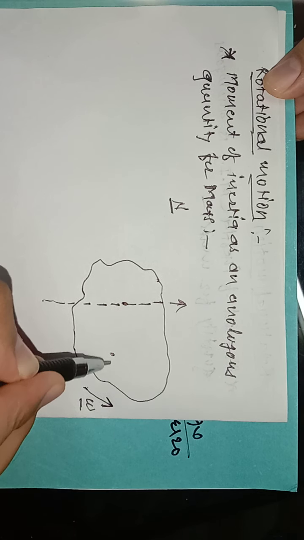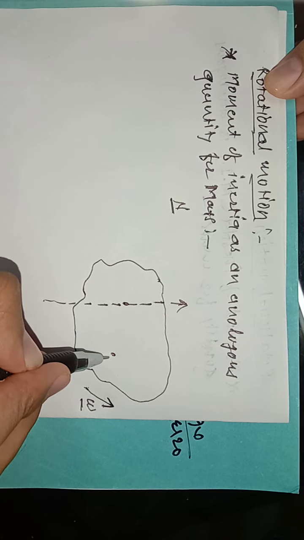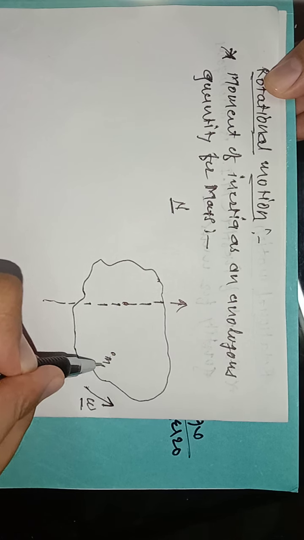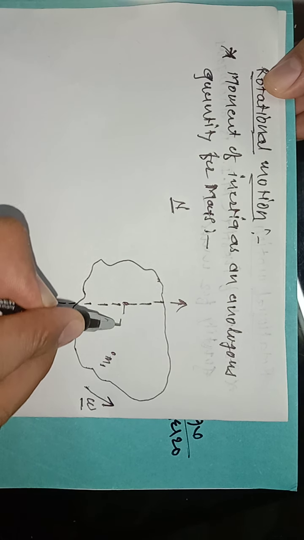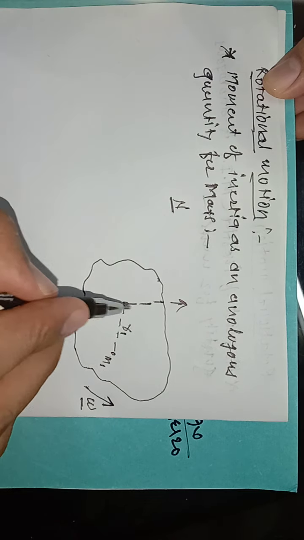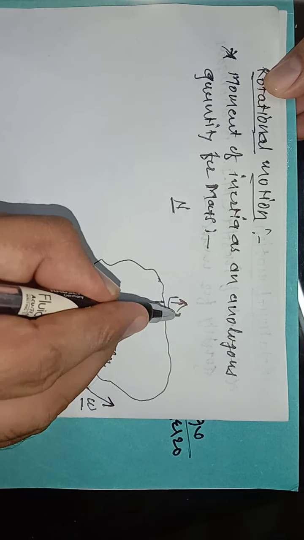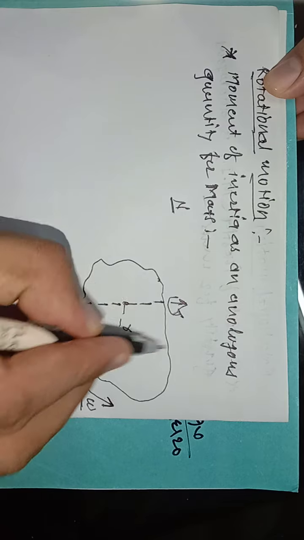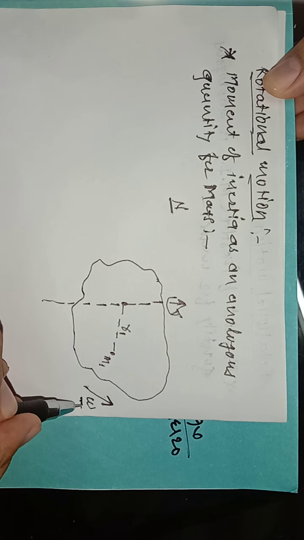The first particle of that body has mass m1, which is situated at a perpendicular distance r1 from the axis of rotation, about which this rigid body continuously rotates with angular velocity omega.